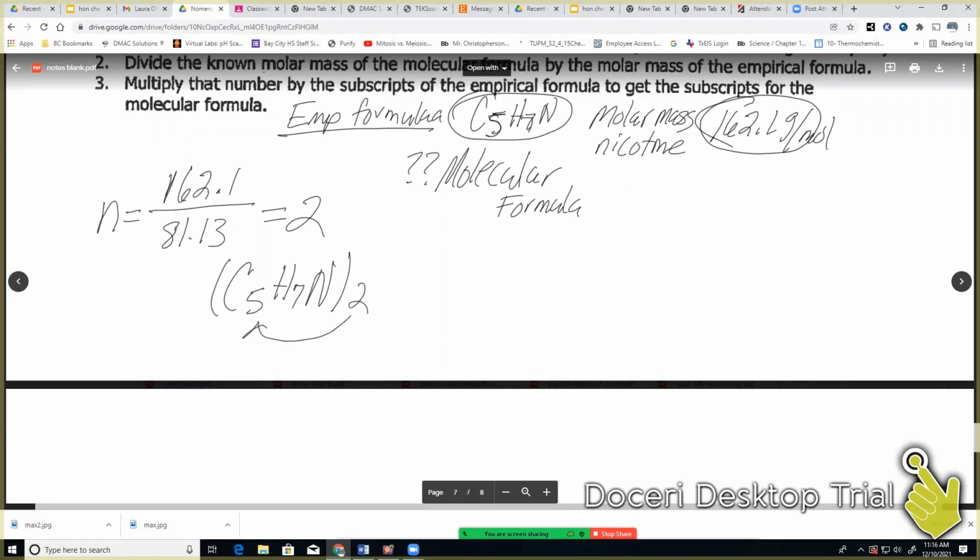So that means I'm going to do subscript times subscript for each element. So that'll give me C, 5 times 2 would be 10. Hydrogen 14 and nitrogen 2. And that would be my molecular or my true formula for nicotine.